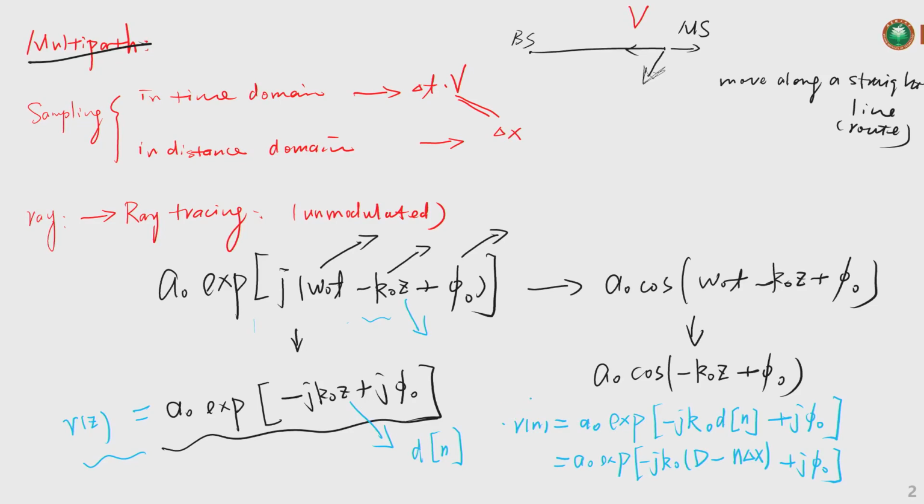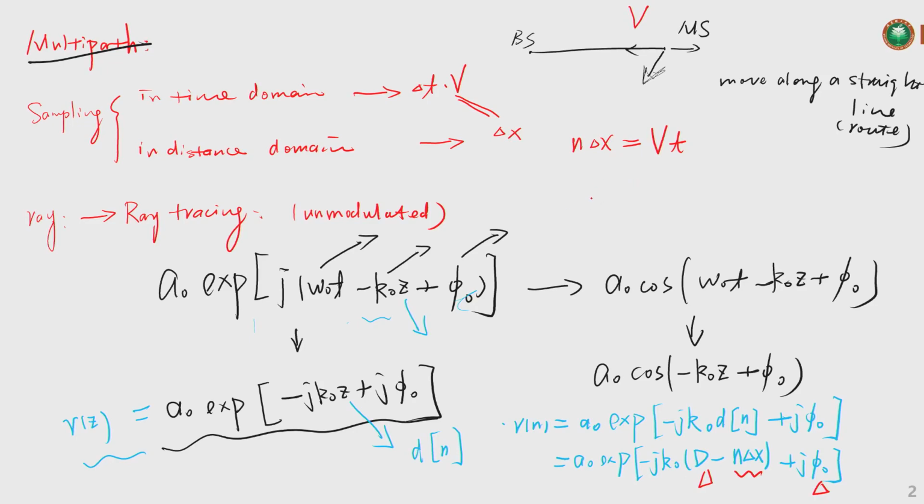So now we have two constant terms. The first constant term is related to the capital D, and another constant term is the initial phase. The varying part is only n times delta x, which equals v times t, where n is the number 1, 2, 3, 4, and so on.